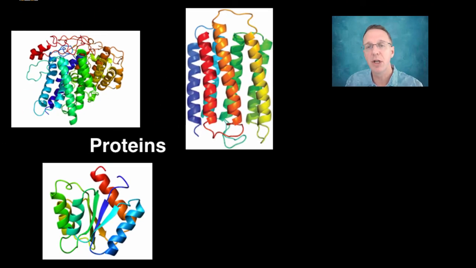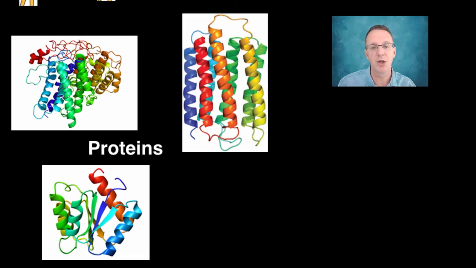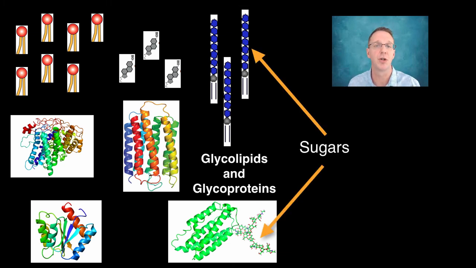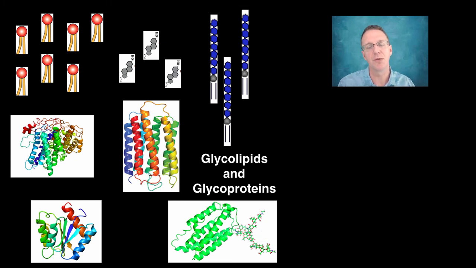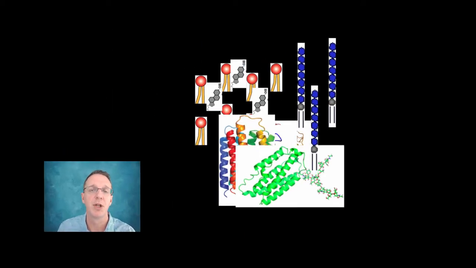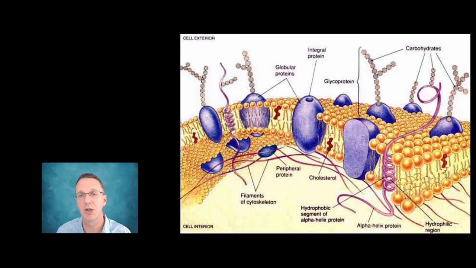You've got a whole myriad of proteins, and you also have glycoproteins and glycolipids, which are just phospholipids and proteins that have sugar attached to them, hence the prefix glyco. In and of themselves, these components have basic properties, but it's not until you bring them together that you form something pretty special, and that is the basic biological membrane.